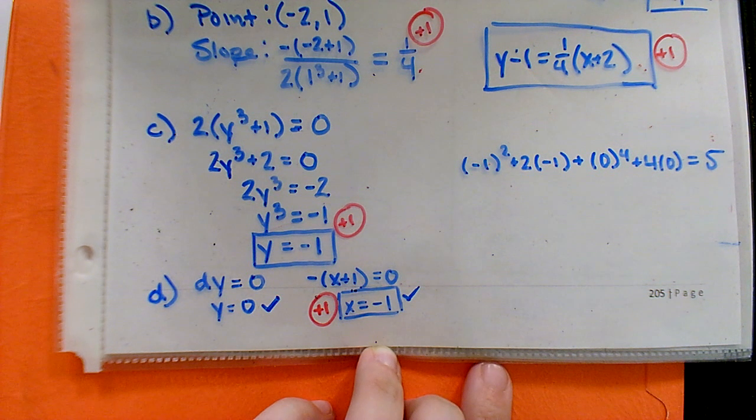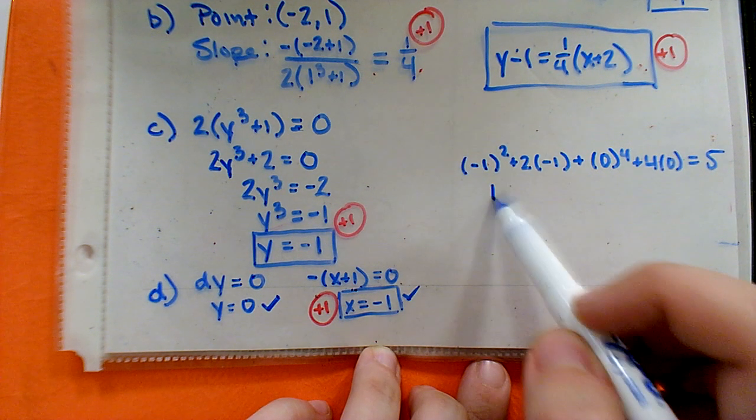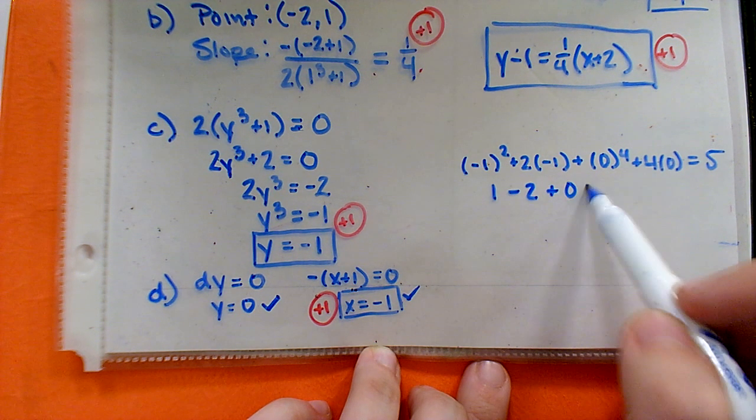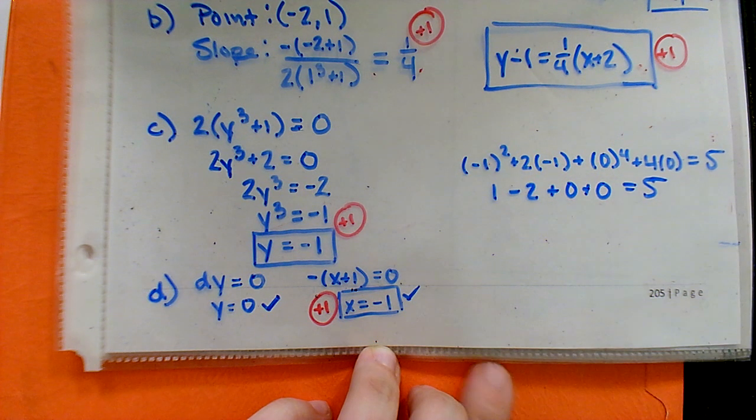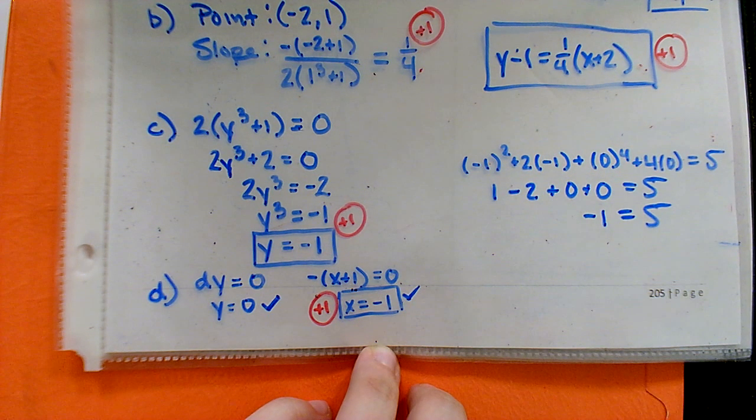Okay, so there, you have multiple ways of checking this. It's just a yes or no answer. So if we simplify, we have 1 minus 2 plus 0 equals 5. Does negative 1 equal 5? No.